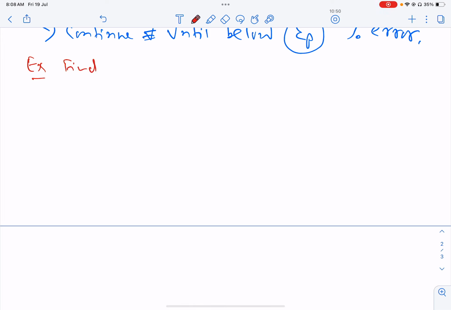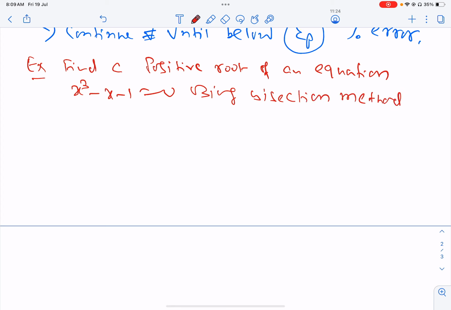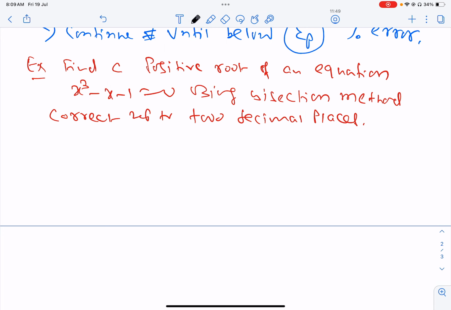Find a positive root of an equation x cubed minus x minus 1 equal to 0 using bisection method, and let us take say correct up to 2 decimal places.